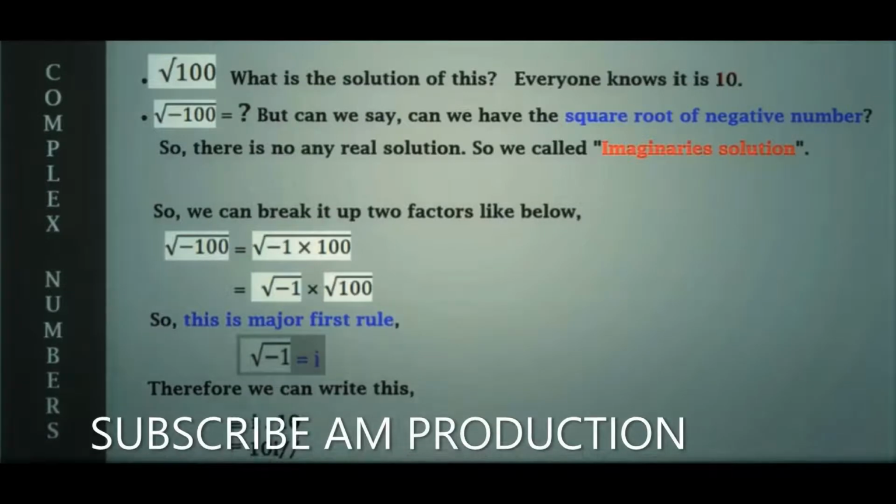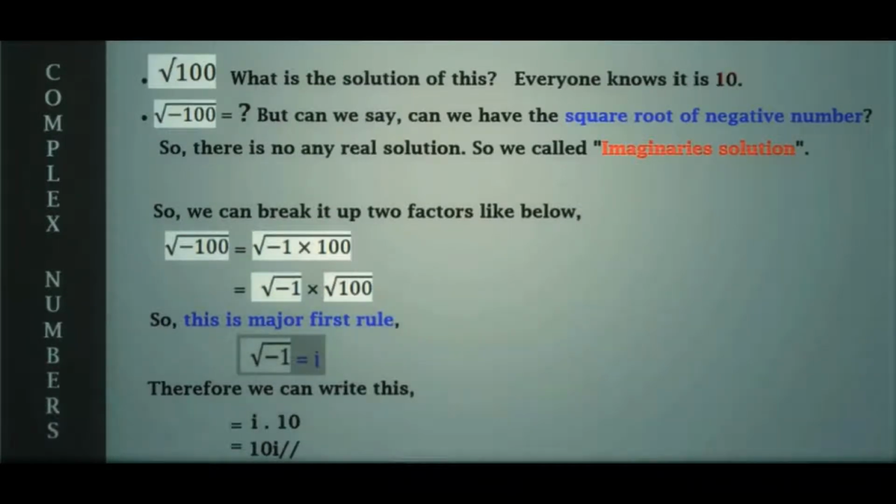Look at this. What is the solution of this? Everyone knows it is 10. But can we have the square root of a negative number? So there is no real solution. So we call it an imaginary solution. Square root of negative 100. We can break it up into two factors like this. Square root of negative 1 times 100.